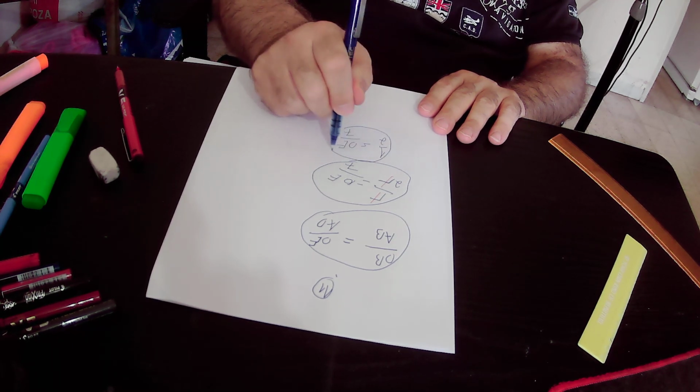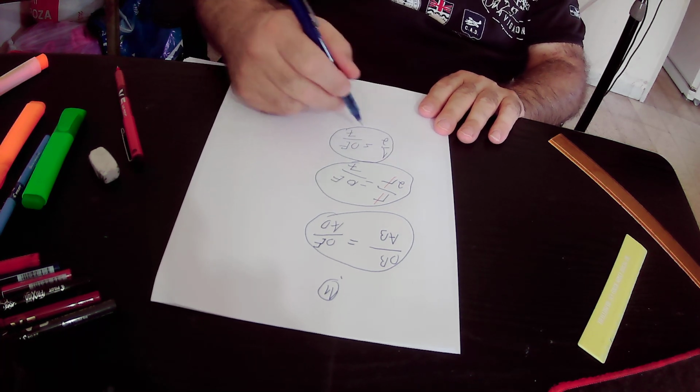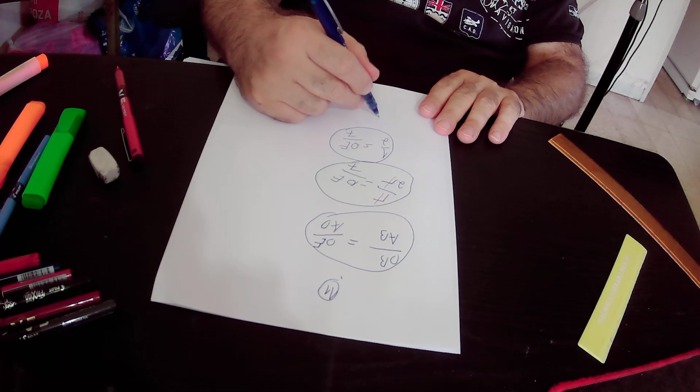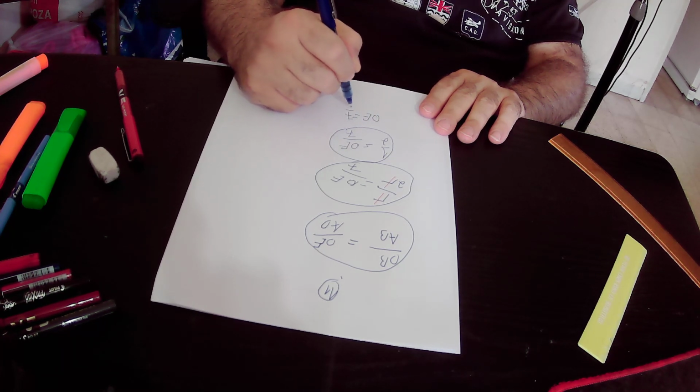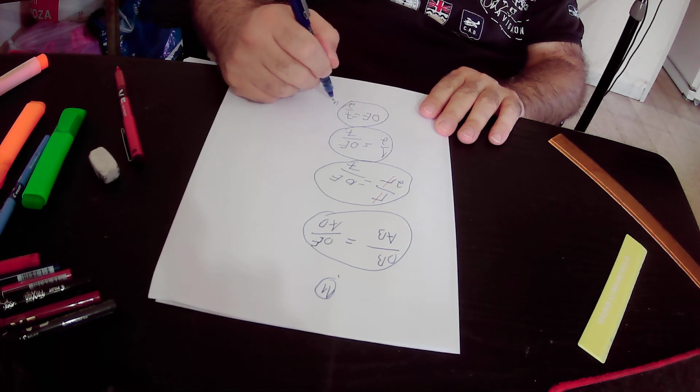Here we can multiply this equality by 7 and we will get that OE equals 7 over 2 units. OE equals 7 over 2 units.